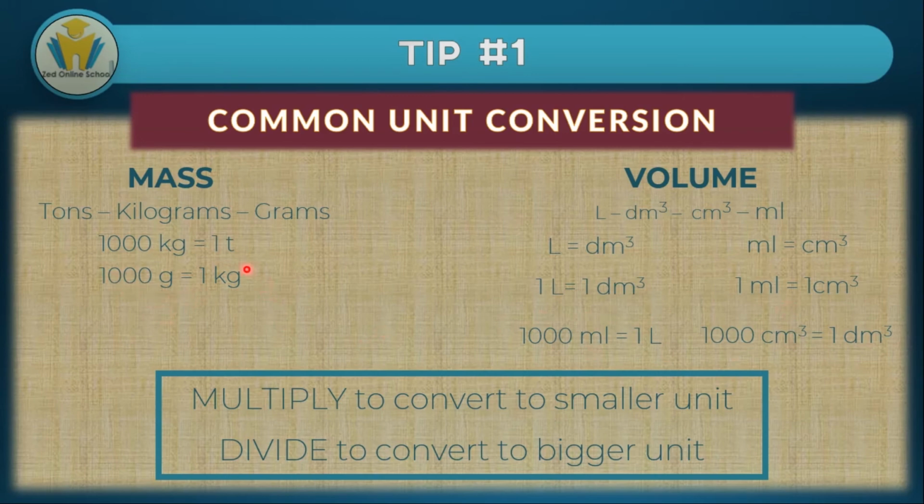So if I'm converting from tons to kgs, I just need to multiply by 1000. And if I'm converting from grams to kgs or from kgs to tons, meaning to a bigger unit, I divide by 1000. But I don't like encouraging people to think like that. You should just multiply by the amount of the smaller unit that is equal to the bigger unit, and you'll be safe.